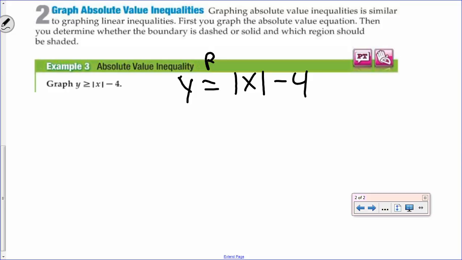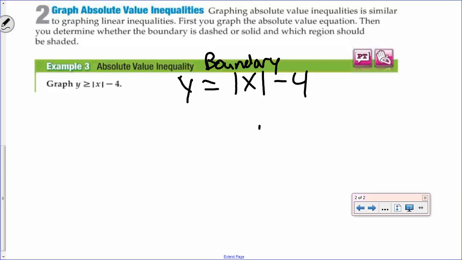That's our boundary. It's not a boundary line necessarily because it looks like a V, but that's our boundary. It follows the same rules for solid or dashed, depending on greater than or equal to versus greater than, or less than or equal to versus less than. So it looks like this example is going to have a solid boundary line, because it's a greater than or equal to inequality.